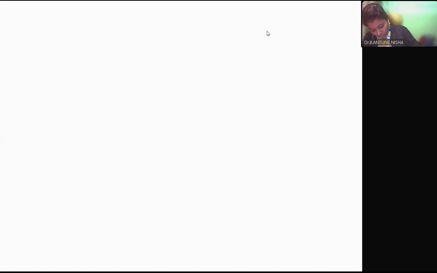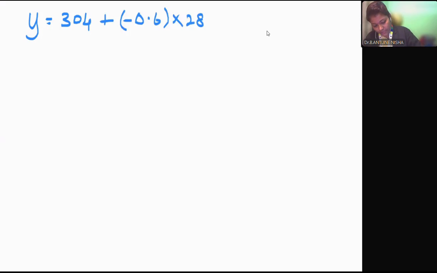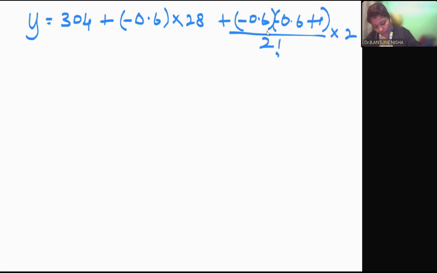Okay. So, next let us substitute it in the formula. y is equal to 304 plus minus 0.6 into 28 plus minus 0.6 into minus 0.6 plus 1 divided by 2 factorial into 2 plus. That's all.